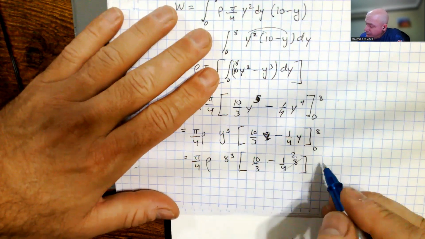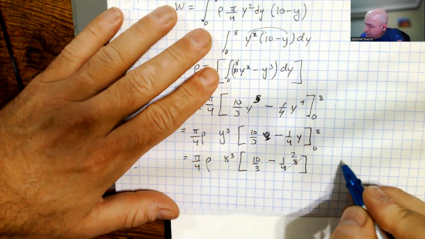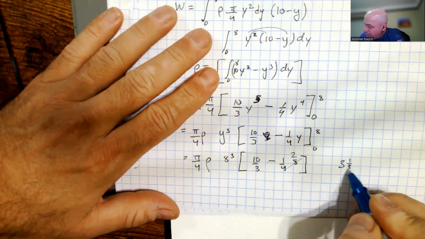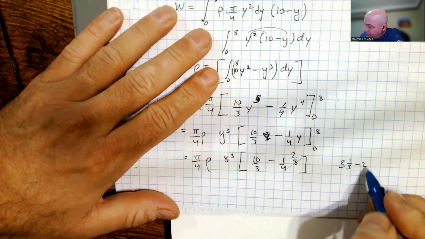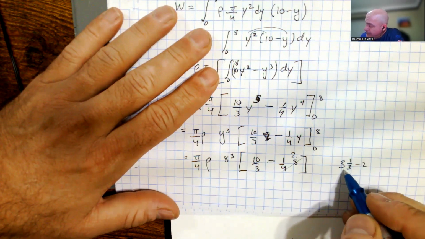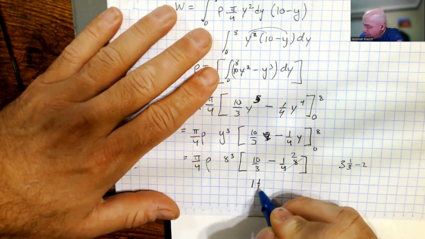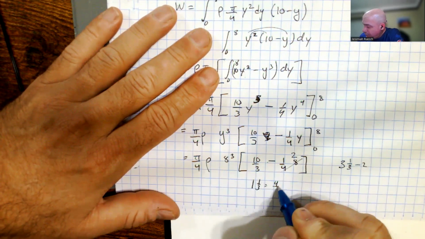So 10 thirds minus 2. 10 thirds is 3 and 1/3, minus 2, so that's going to be 1 1/3, or better known as 4/3.